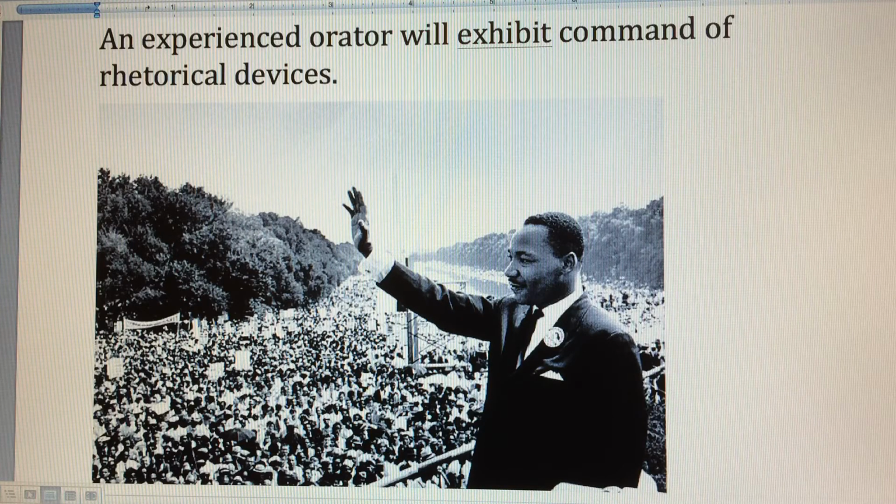I have a dream, I have a dream, and that's one type of rhetorical device, use of repetition. In fact, there are even certain terms that define how the repetition is used, whether it's at the beginning of a sentence or at the end of a sentence, but you'll learn that in English 4.